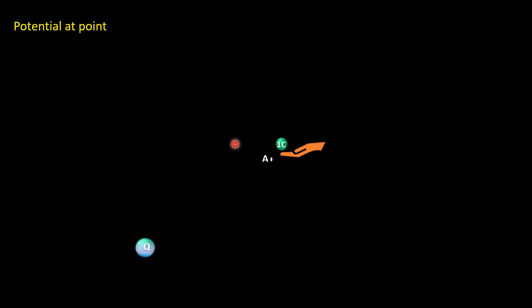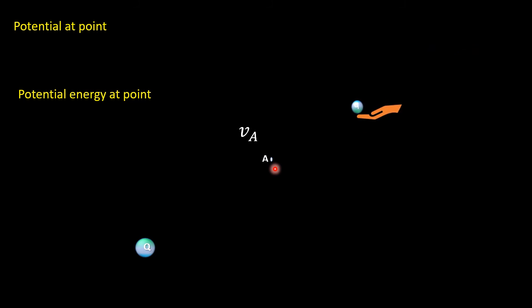Potential is represented by the letter V. Potential energy at a point is defined as work done in bringing a charge from infinity to that point. Potential energy is represented by the letter U. The relation between potential energy and potential is U is equal to qV.